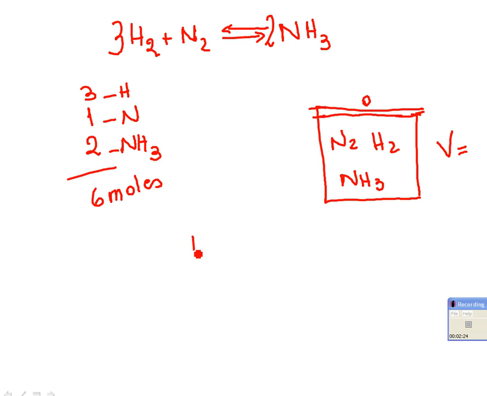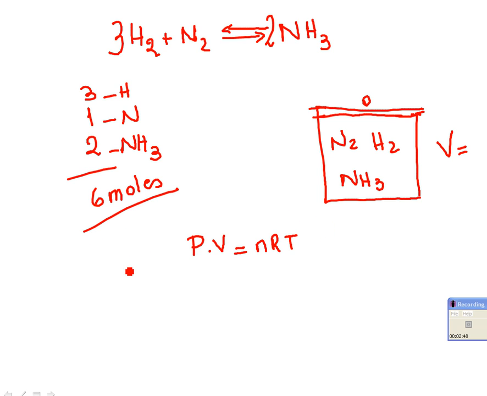Exactly. PV equals nRT. Okay? So V is one of the things that they give us. n is, what is n? The number of moles. Number of moles of what?